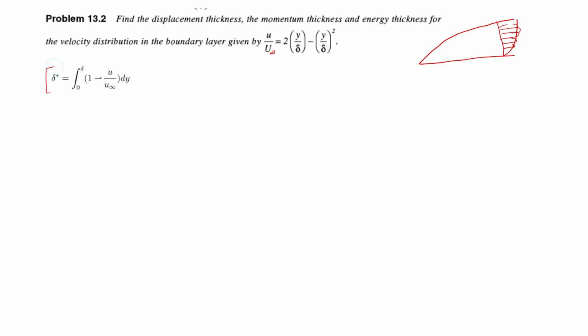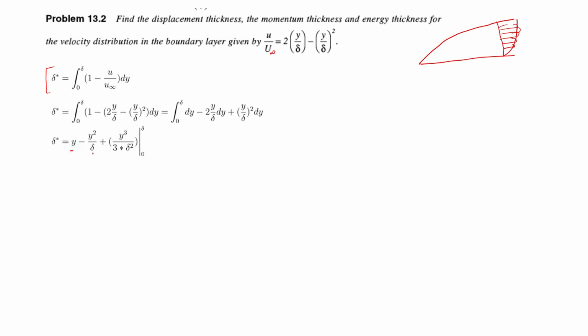Now you know by formula that delta star is equal to integral 0 to delta of 1 minus u by u infinity dy. If you substitute for u by u infinity from the question, you will get 1 minus 2 into y by delta minus y by delta the whole square dy. If you expand the bracket, you will get integral 0 to delta dy minus 2y by delta dy plus y by delta the whole square dy.